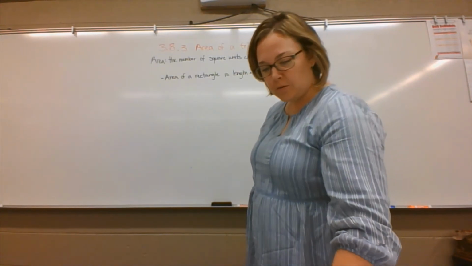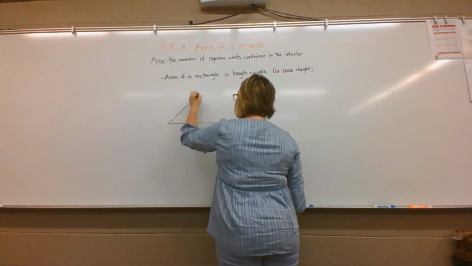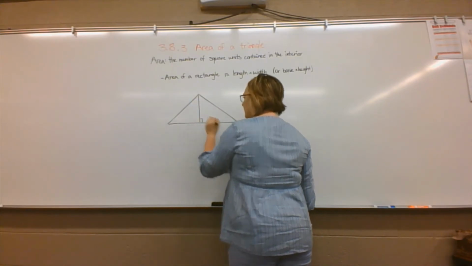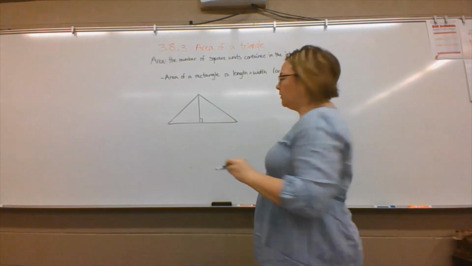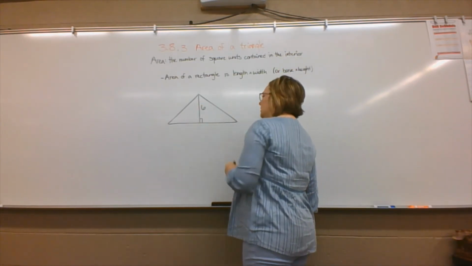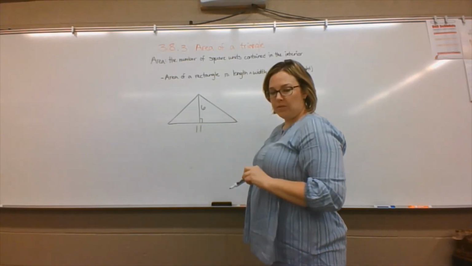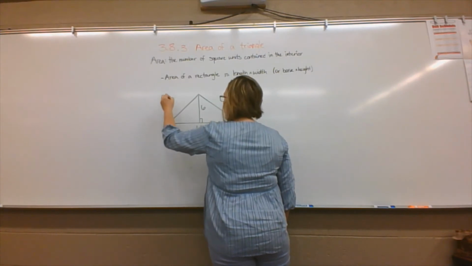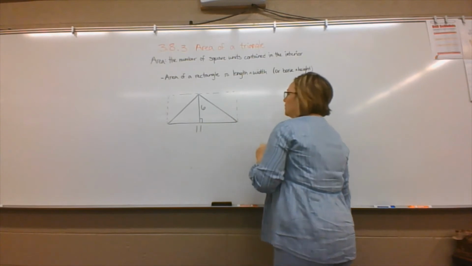Okay, so here we have a triangle. This is drawn in here. It's the altitude of the triangle, so we can get the height, which is 6. The base is 11, and we want to find the area of this triangle. So this one we can extend through like that.